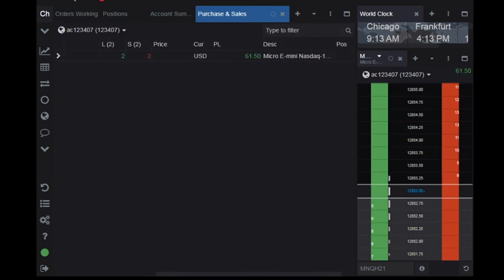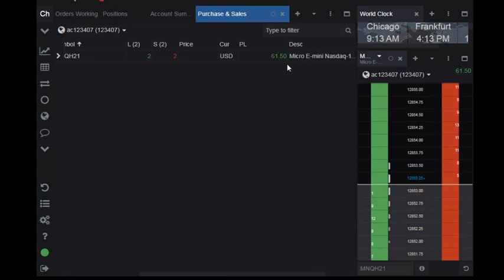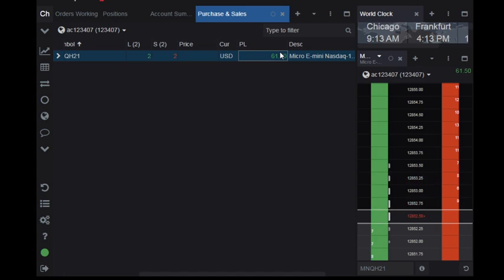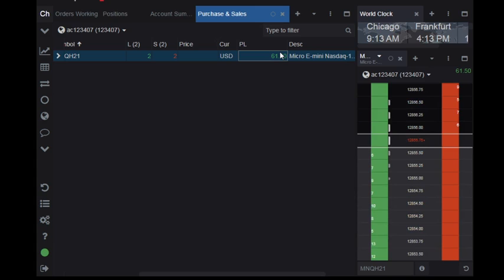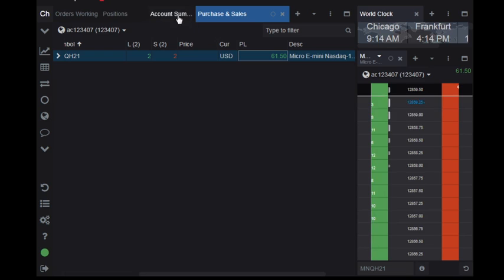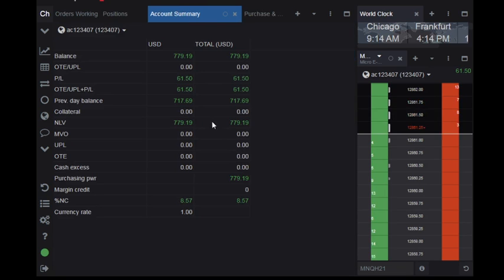Alright, 61 US dollars, so that means one contract size is about 30 US dollars or 15 points, sorry, 15 points, about 60 ticks. Yeah, should be a good one. So the summary, because this is a small account, is around 8% in return for the small account.